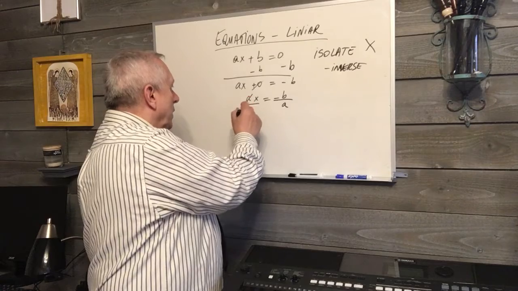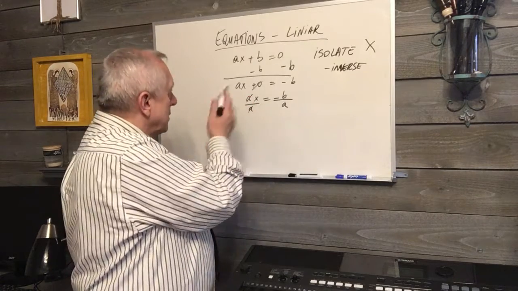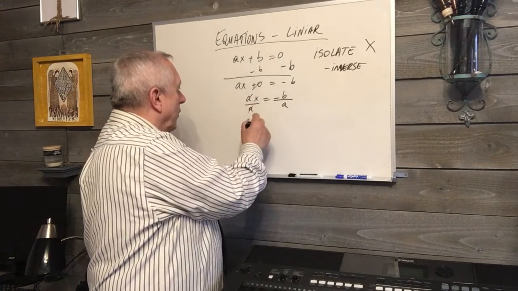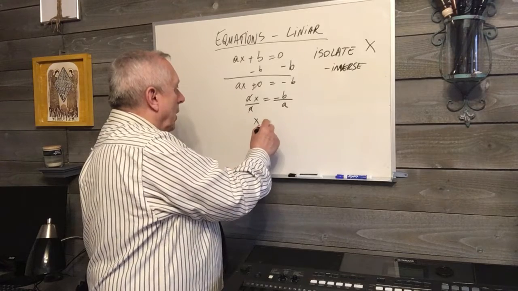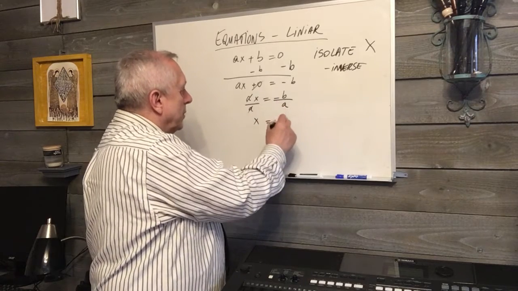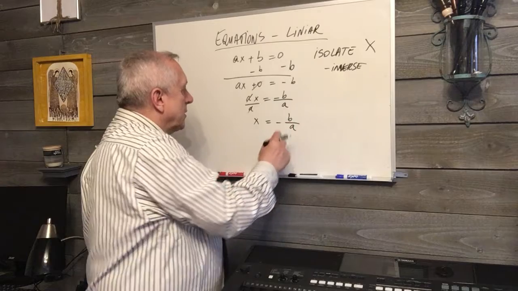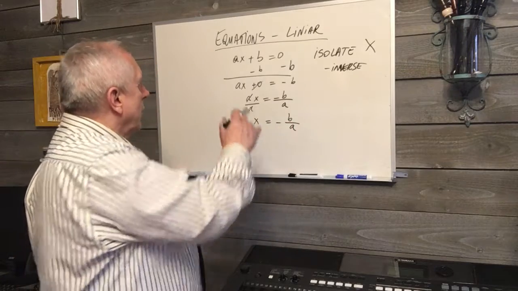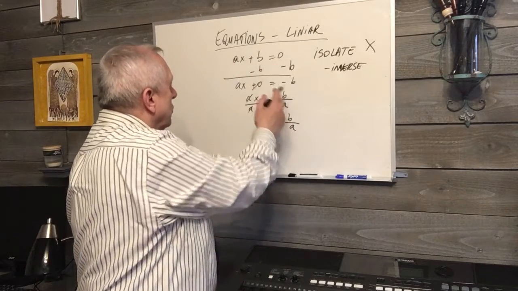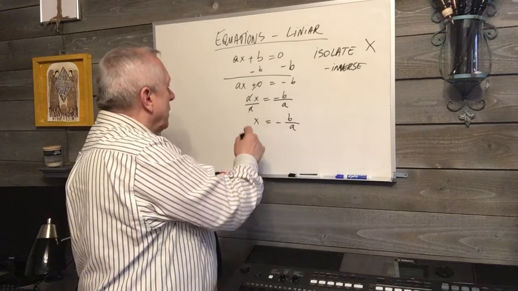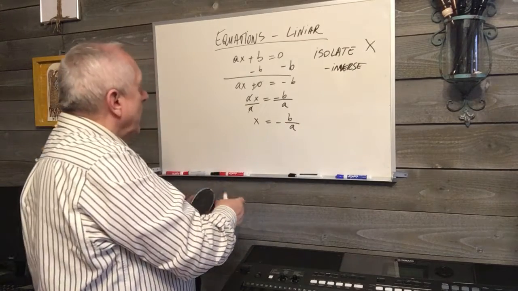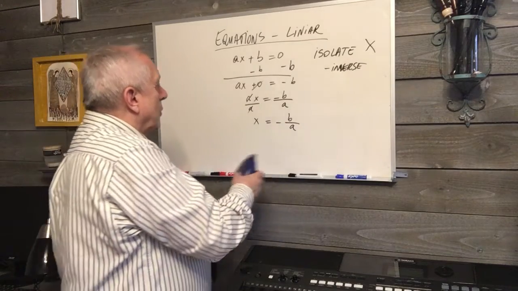Here a over a is actually 1, so we can disregard that. So we only have x left here. And on this side we have minus b over a. That's the general rule. So when you have a form of this equation, you should maybe memorize that x is minus b over a.